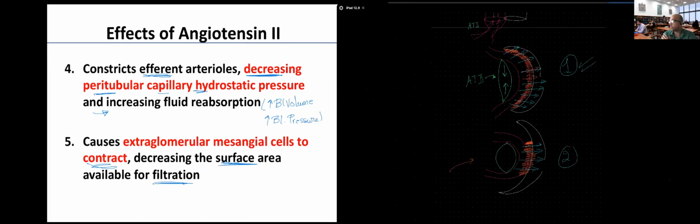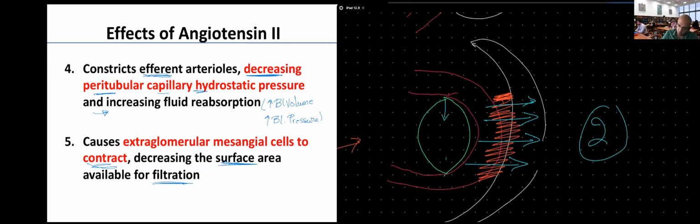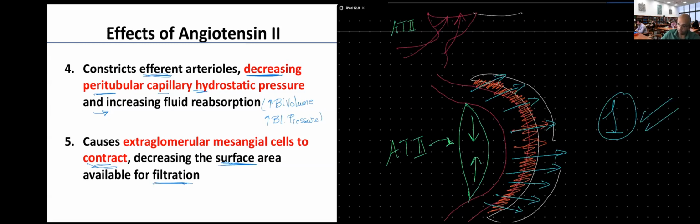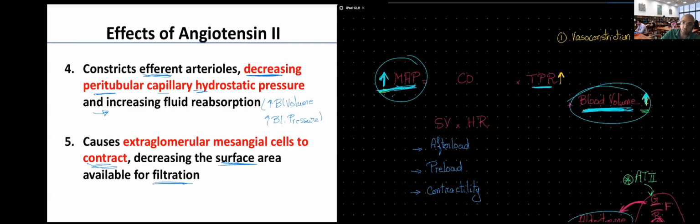So what happens to the amount of water that I lose out in the kidney tubules after the contraction of the extraglomerular mesangial cells? The water loss is going to be reduced. And if I have a reduction in the amount of water that I am losing, what's going to happen to my blood volume? If you're not losing water out in the urine, you're gaining blood volume. And if your blood volume goes up, what's going to happen to your blood pressure as a result? Your blood pressure increases.